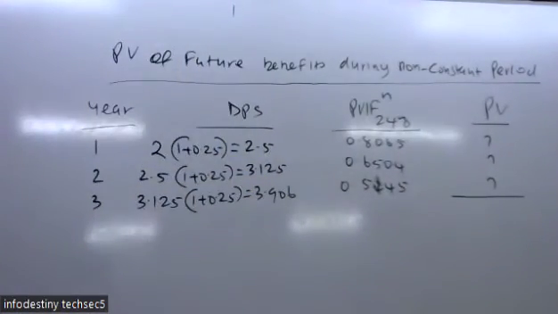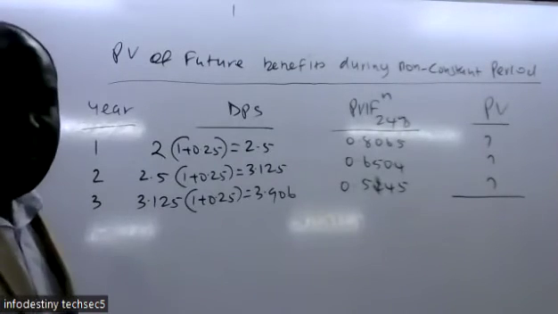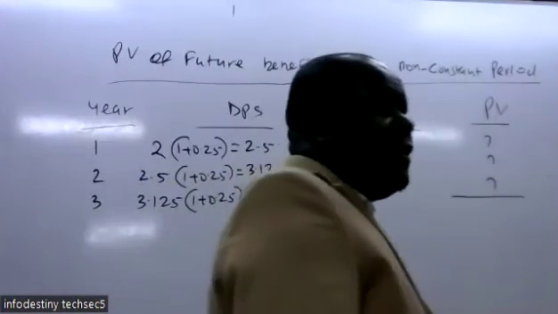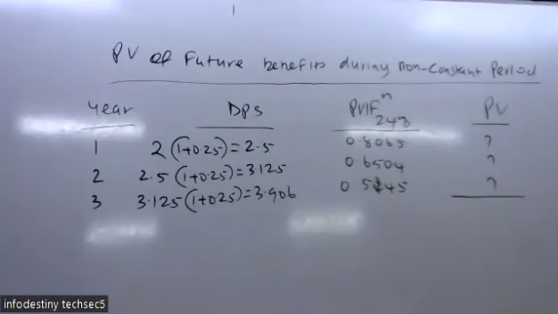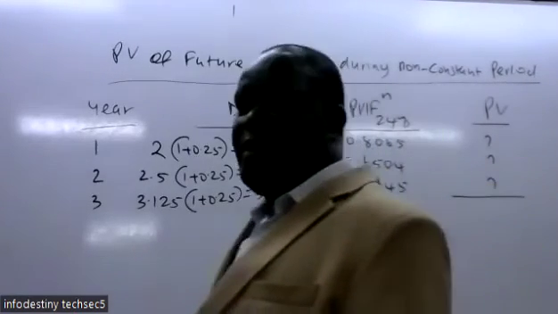So that is now during the non-constant period. It is coming to around 6.097.